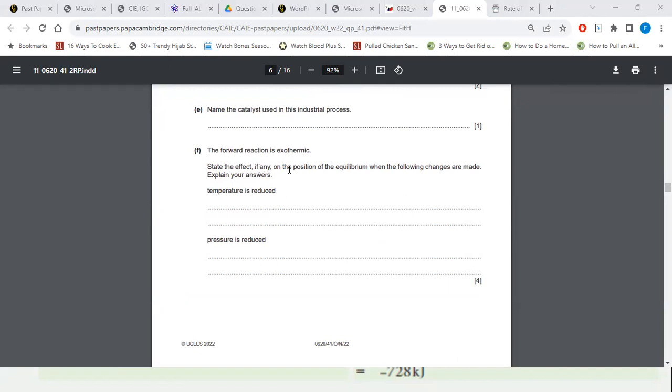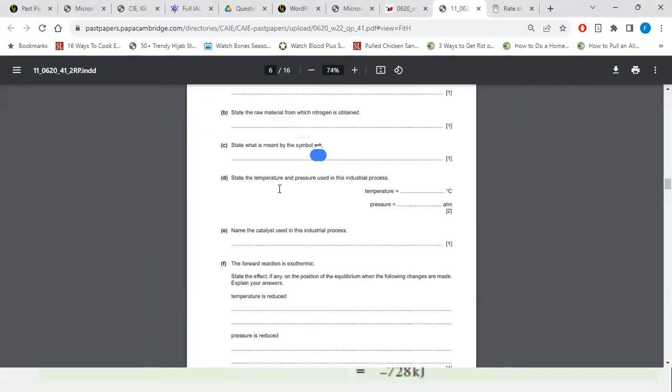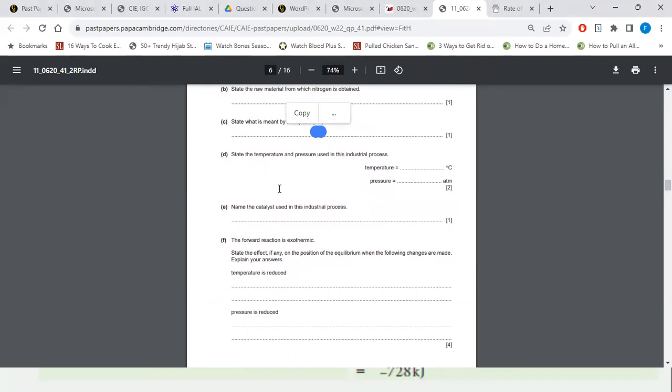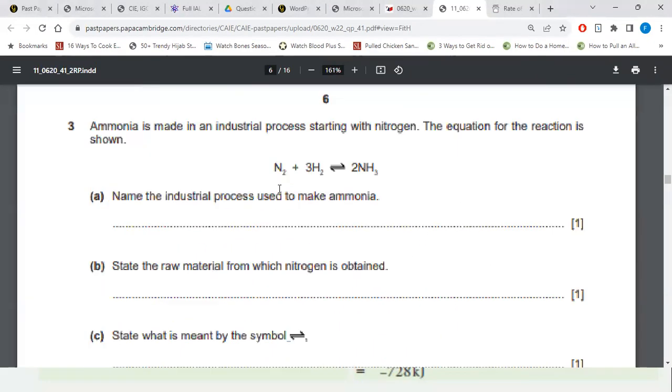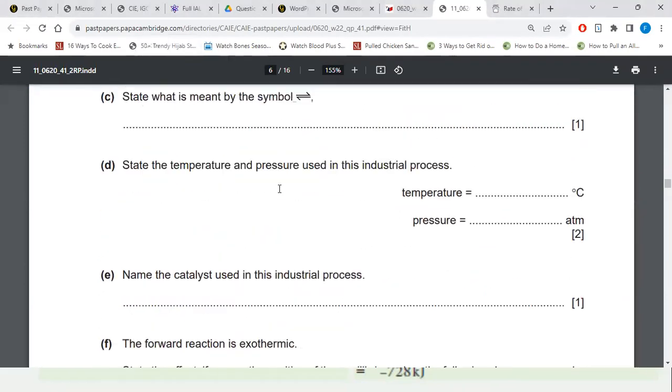State the effect, if any, on the position of the equilibrium when the following changes are made. Explain your answer. So we have to talk about temperature being reduced and pressure being reduced. This is our equation, and they have told us that the forward reaction is exothermic.